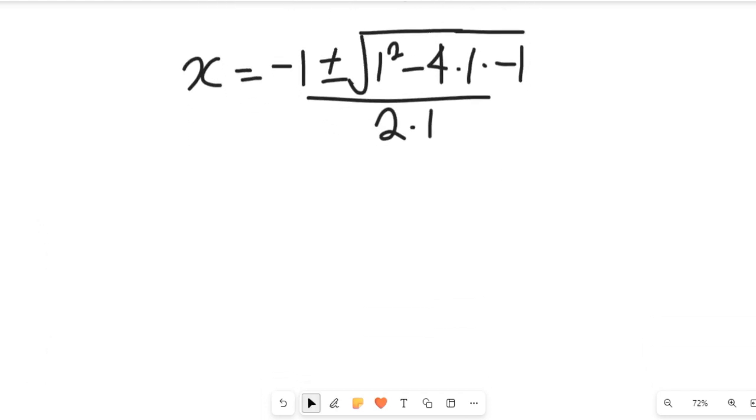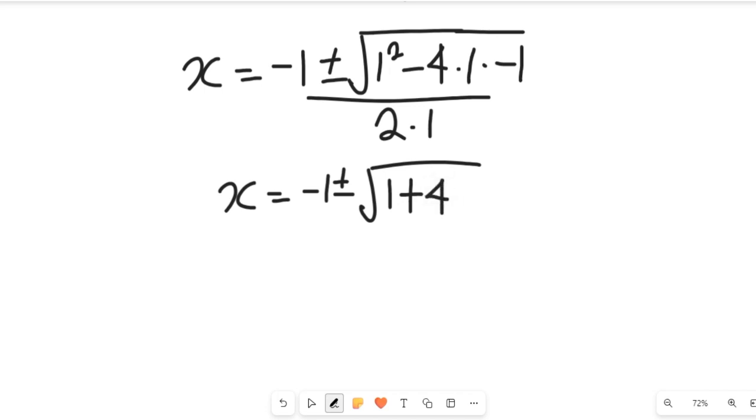So the value of x will be equal to -1 plus or minus the square root of 1 minus, negative times negative will give us plus, 4 times 1 times 1 will give us 4, and this will be divided by 2.